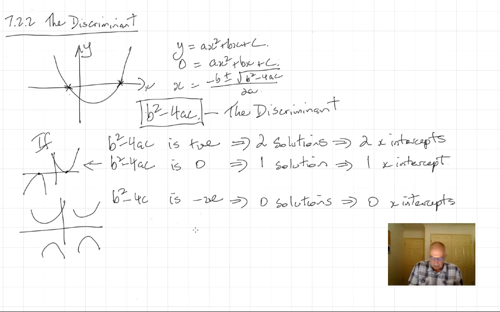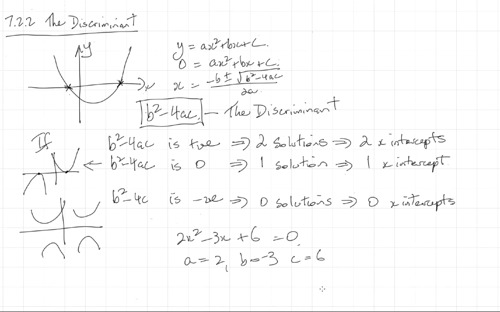So given an equation, 2x squared minus 3x plus 6 equals 0, we know that a is equal to 2, b equals negative 3, and c equals 6.